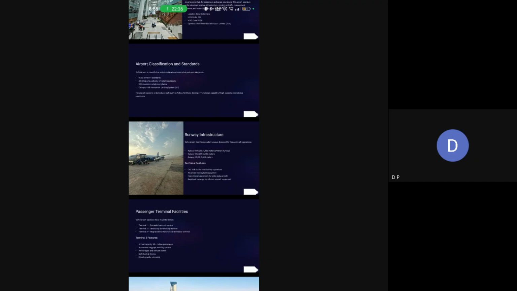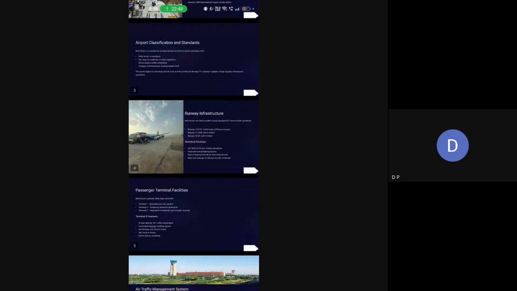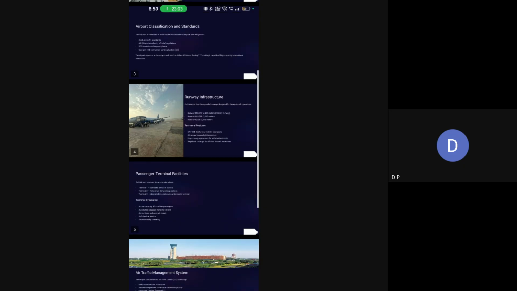Runway 11L/29R, 3,810 meters. Runway 11/29, 3,813 meters. Technical features: CAT IIIB ILS for low visibility operations, advanced runway lighting system, high-strength pavement for wide-body aircraft, rapid exit taxiways for efficient aircraft movement.